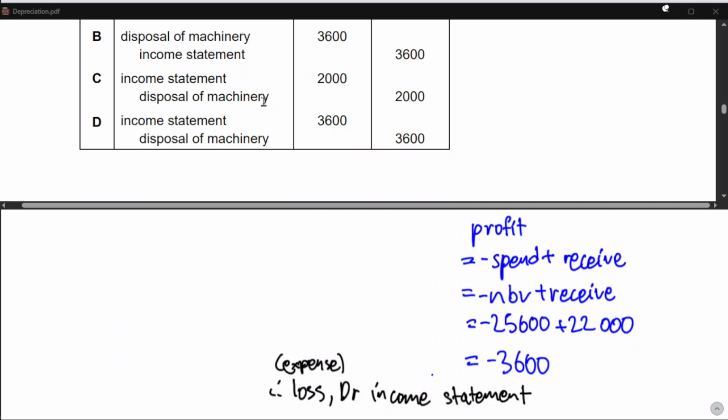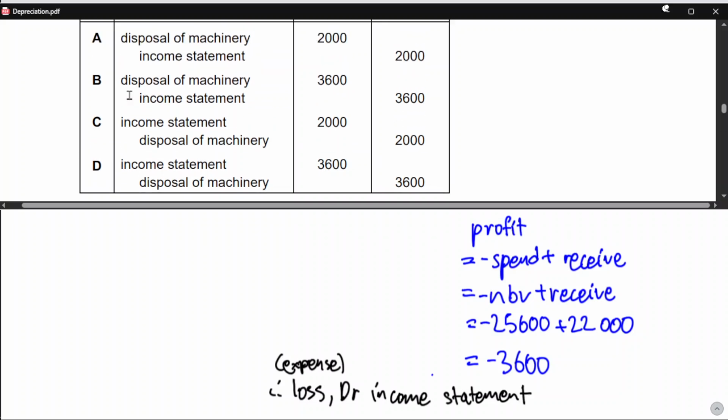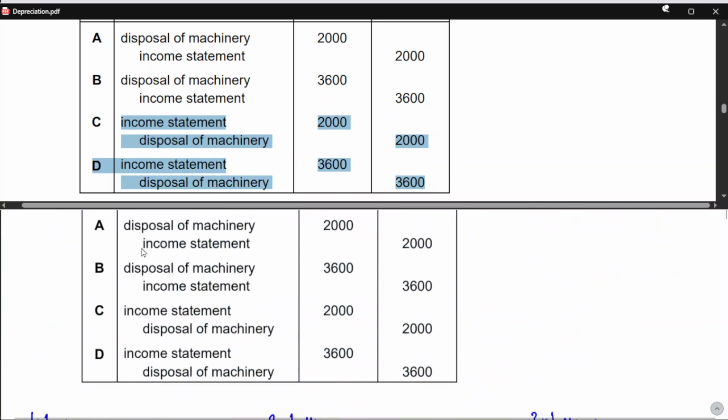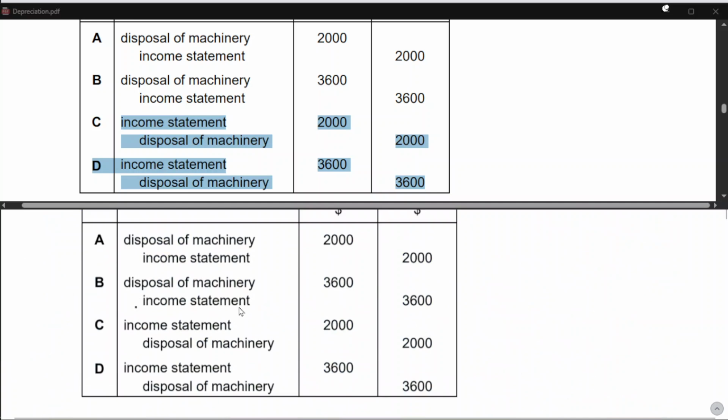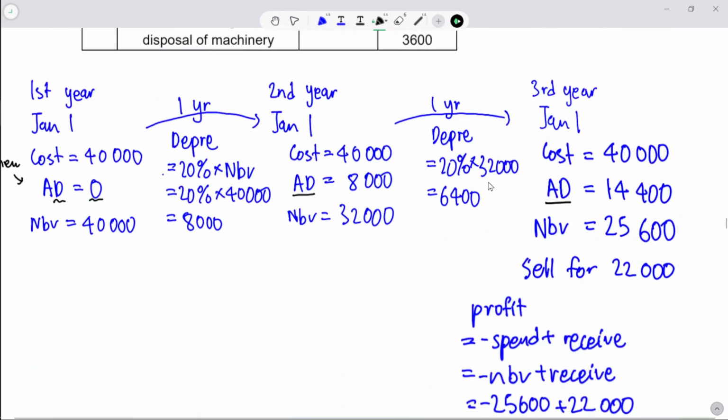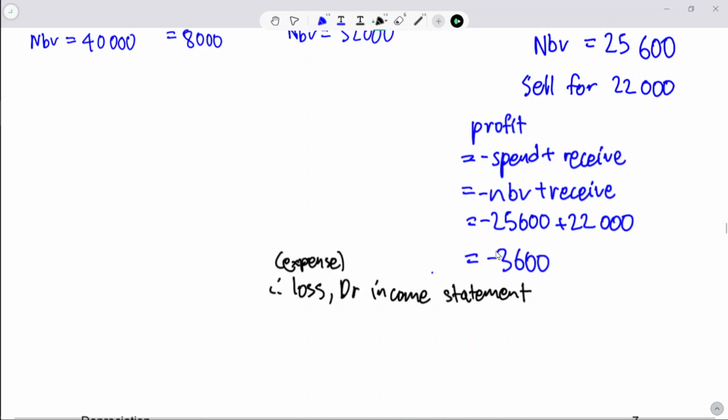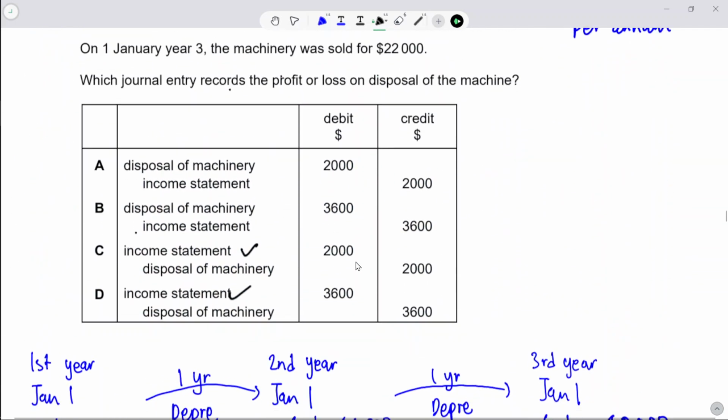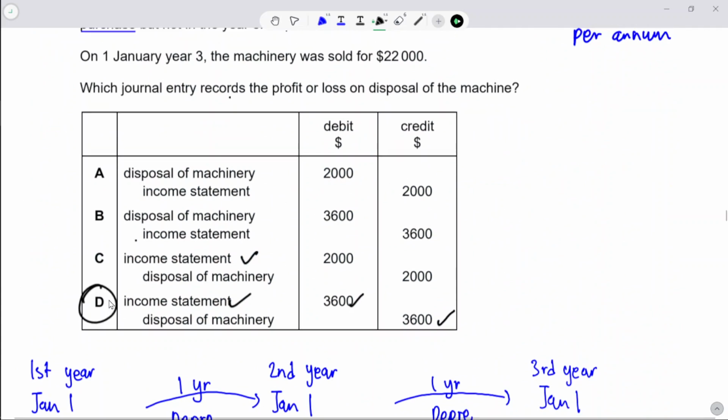These two. Then the amount will be 3,600. So the answer is D.